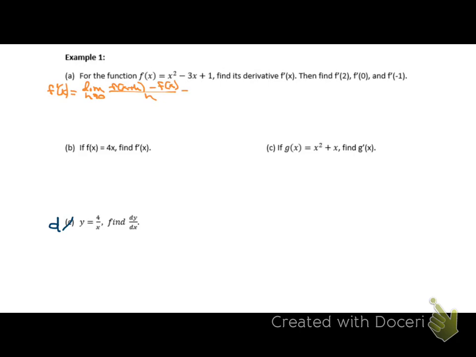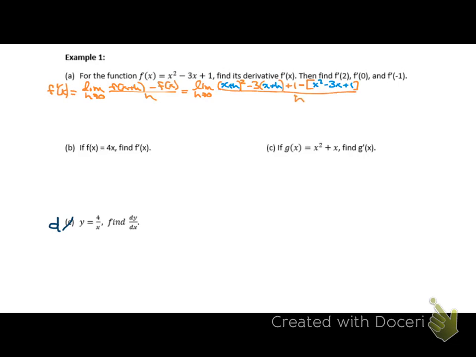So I'm going to take x plus h and plug it into my f of x every time I see x, which happens to be twice. So we're going to have the limit as h approaches 0 of x plus h squared minus 3 times x plus h plus 1 minus f of x, which is x squared minus 3x plus 1, all over h.